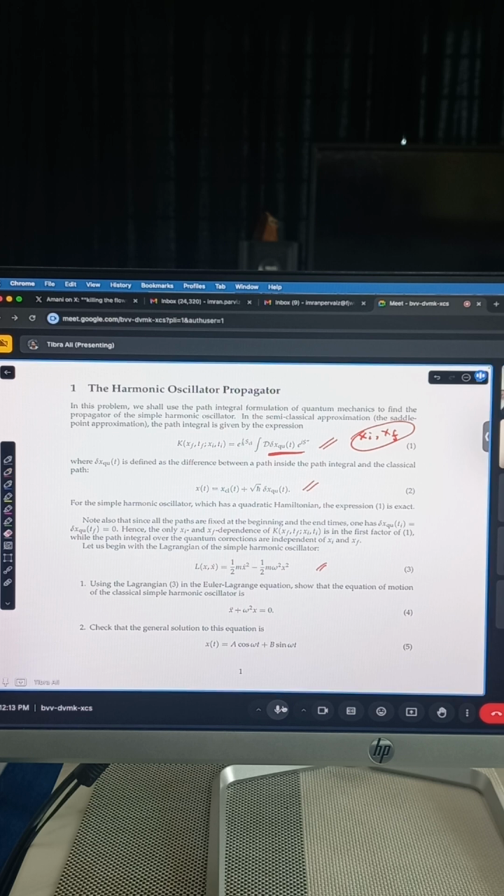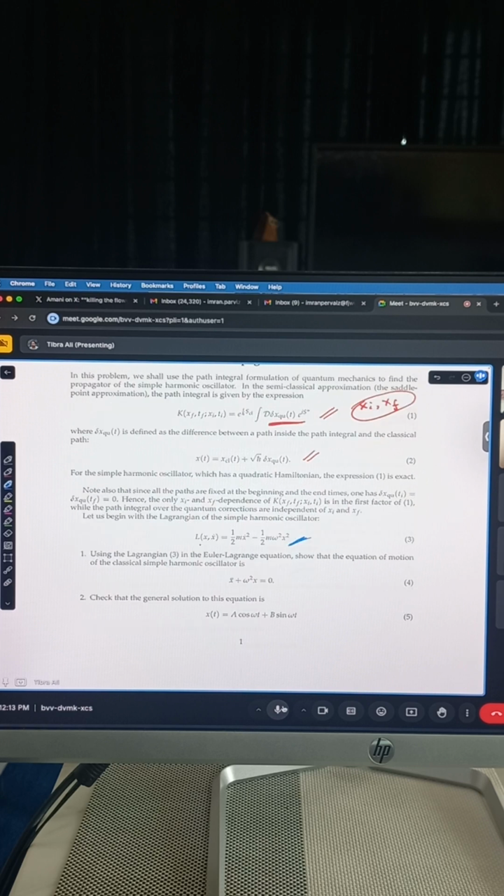So the idea is that first you are given the Lagrangian, which you should have seen in some classical mechanics course. This is the Lagrangian for a simple harmonic oscillator, so the potential here is not zero, but it's a very nice potential that we can solve. And you saw how to solve this for the Hamiltonian, the energy eigenvalues.